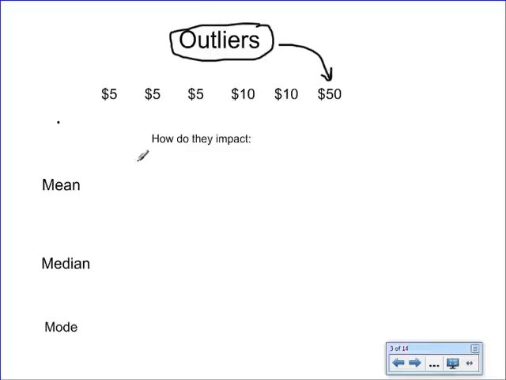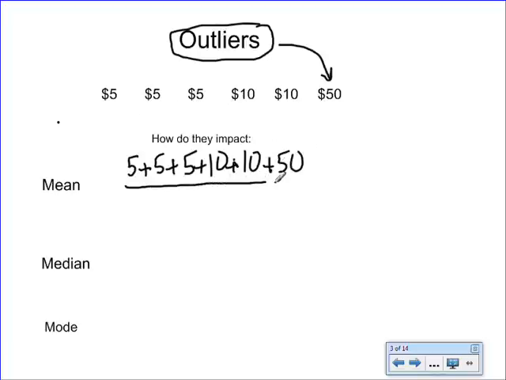So with the outlier in, let's get the mean first. We add up our numbers: 5 plus 5 plus 5 plus 10 plus 10 plus 50, and there's 6 pieces of data. So 15, 25, 35, 85. I end up with 85 divided by 6.